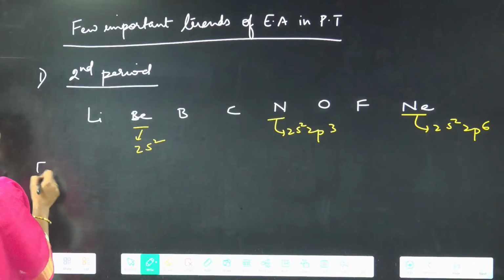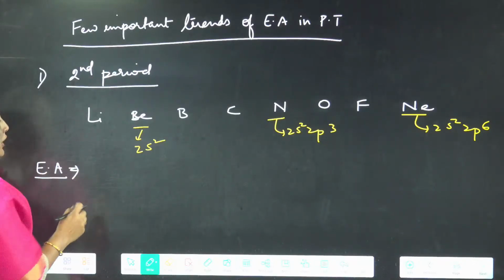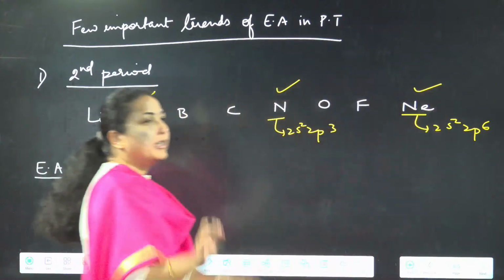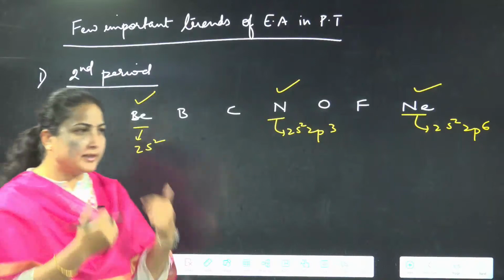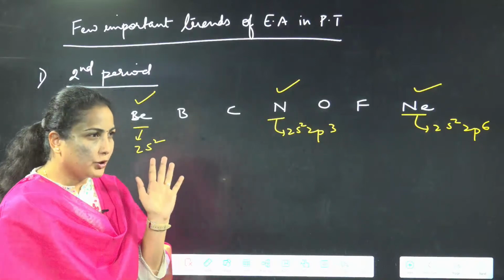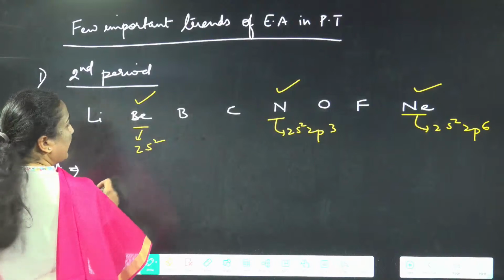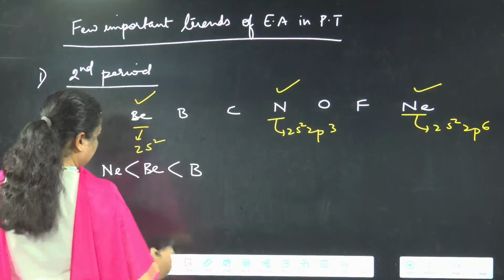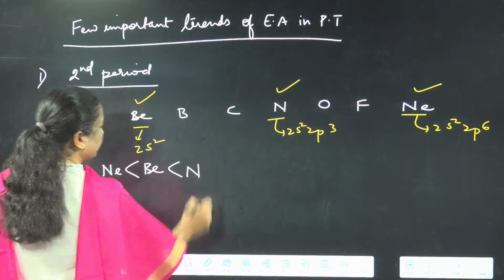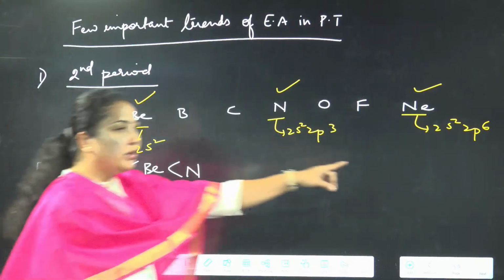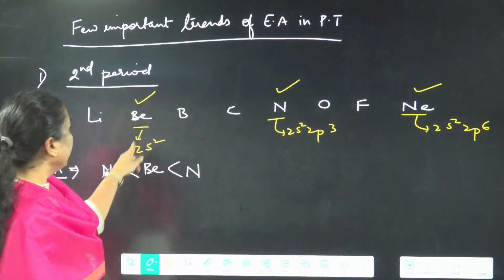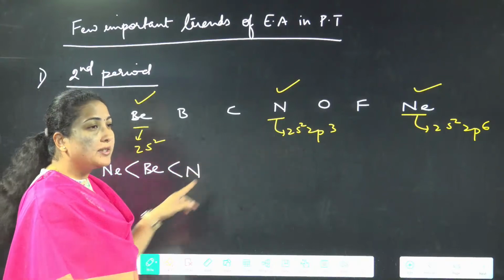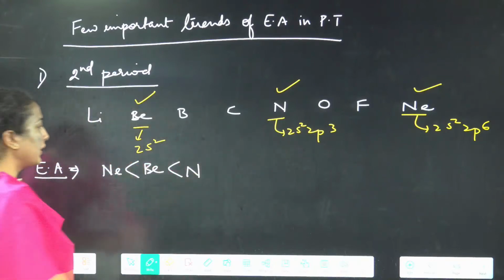Now if I want to arrange for the electron affinity, you would have definitely got the idea that these elements are going to have maximum trouble in accepting the electron because of their stable configuration, right? In that also, you have neon in the end, then beryllium, then boron, then nitrogen, right? Reason being, neon has a completely filled shell. Here it is also like s, this is a completely filled subshell. What you have here is half filled. So that is the reason we have arranged it like this.